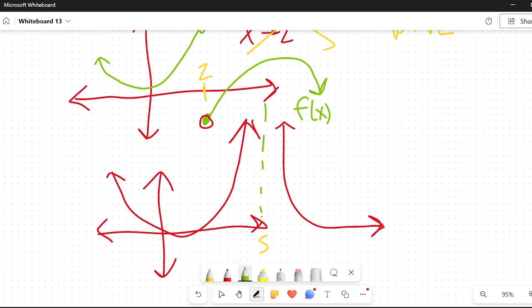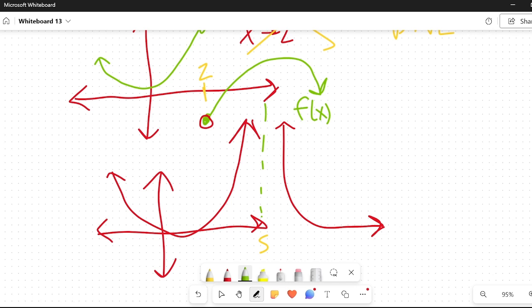In this case, at that point the function just doesn't exist. Normally, if it was a hole, we would be able to find the limit, but the values close to it are also basically at infinity, they approach infinity.